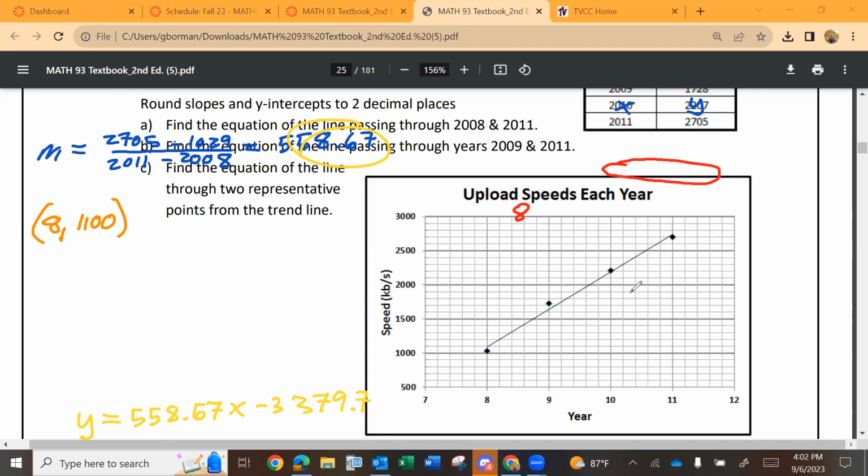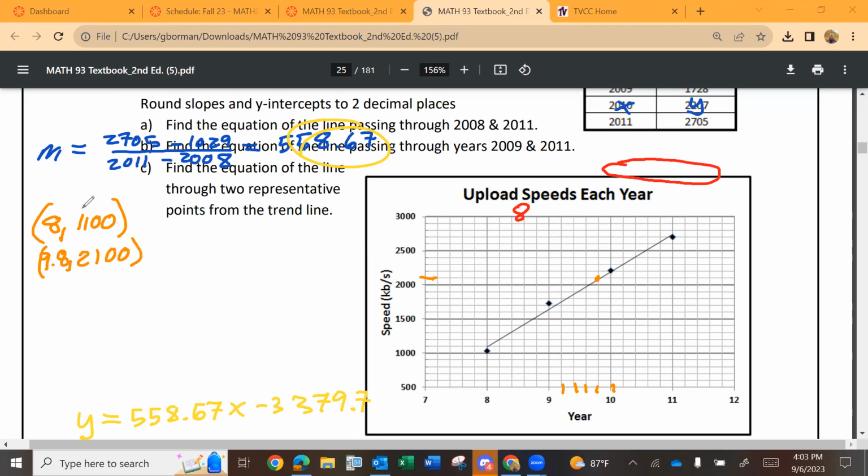Let's pick another one. How about right there. That's 1, 2, 3, 4, 5, so that's going to be year 9 and 4/5, or 9.8. It looks like the height is 2100.